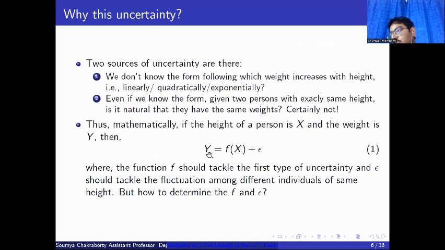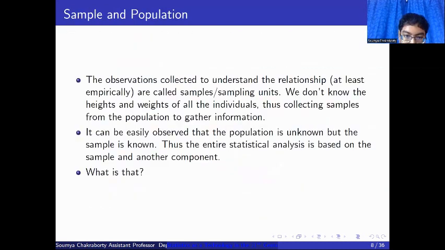Here this is a very naive example where both height and weight can be measured easily. But there are many things which cannot be measured, like many medical parameters, but they are related to some medical parameters which can be measured easily. In those cases, we may apply this kind of technique.